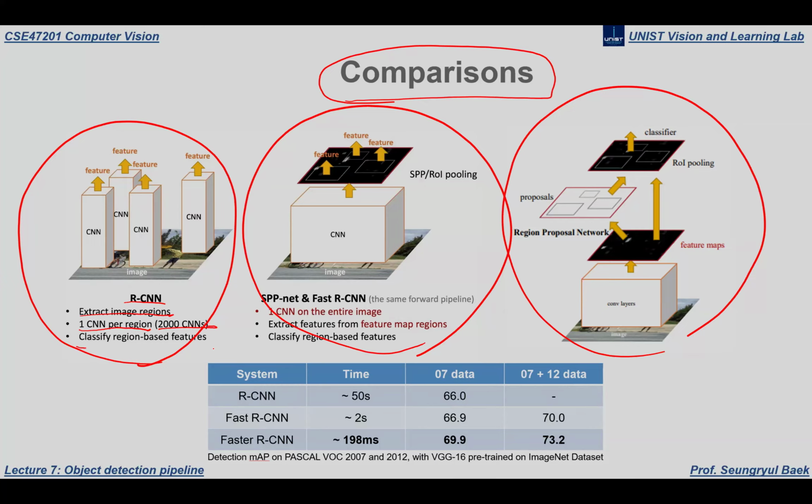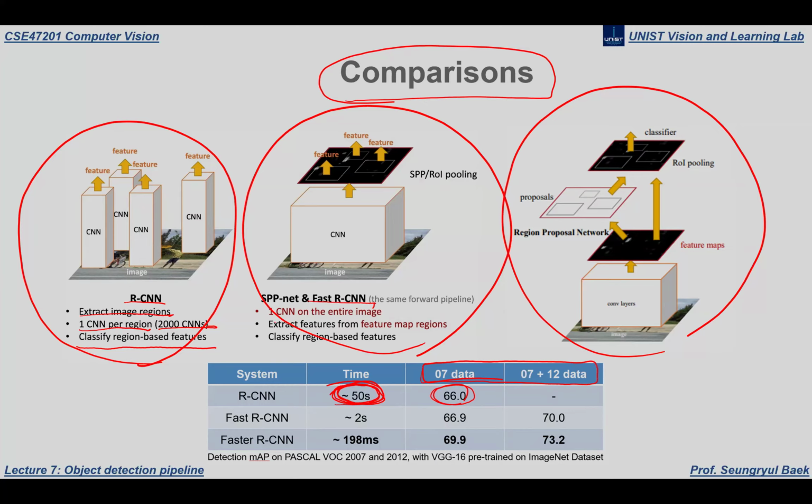Then we train another SVM classifier to classify region-based features. It takes almost 1 minute to achieve object detection from an image. So this is some testing data, and their accuracy is like this at that time.